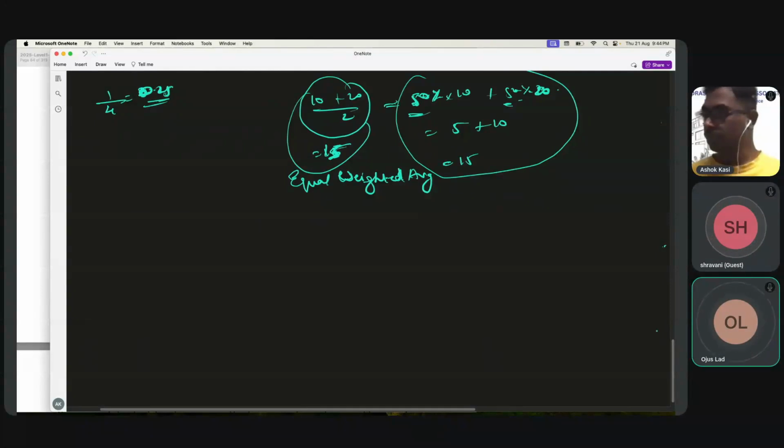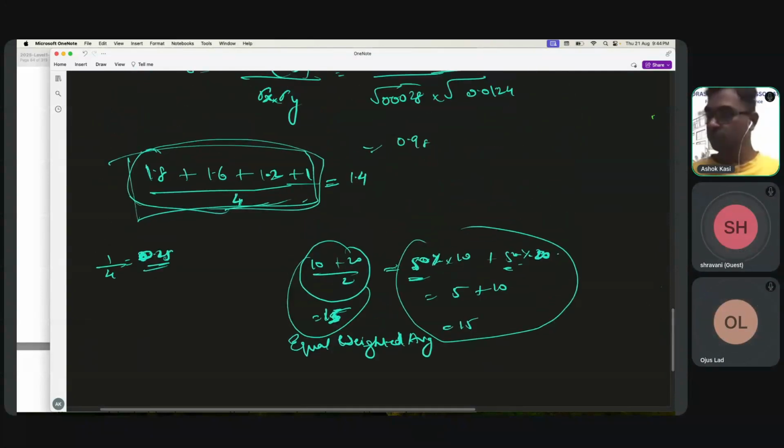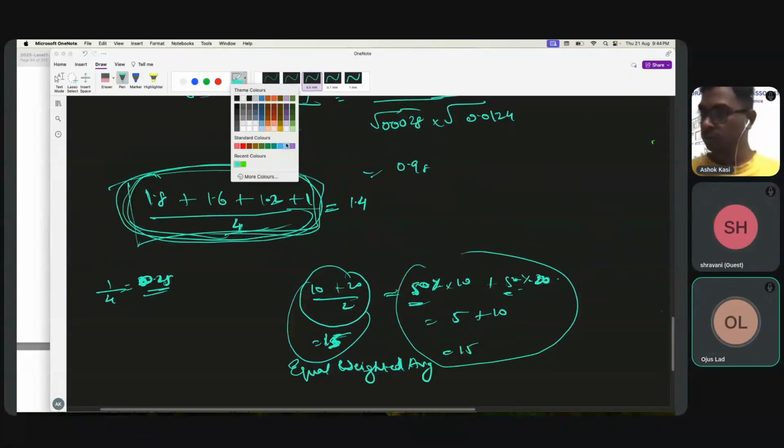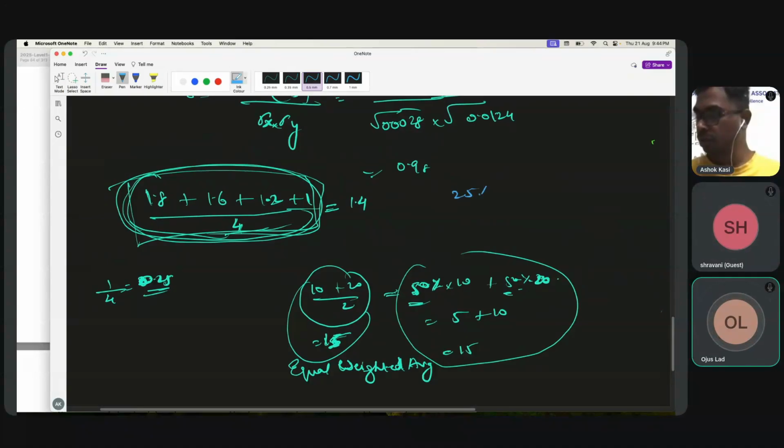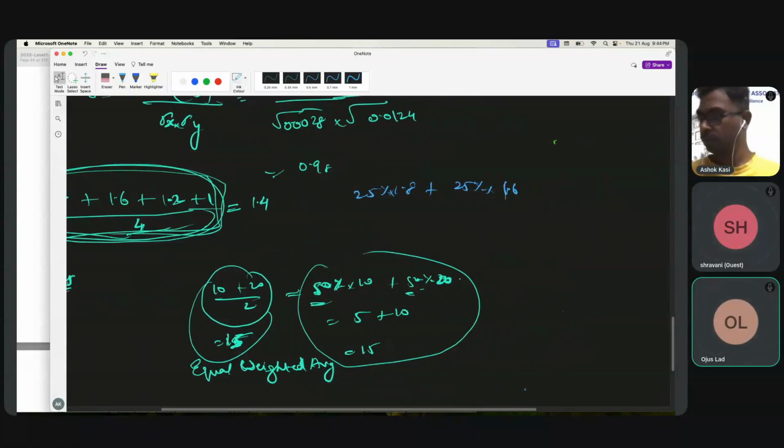Similarly, here also there are 4 numbers, so 25%. You may cross check. You just take 25% of 1.8 plus 25% of 1.6 plus 25% of 1.2 plus 25% of 1.